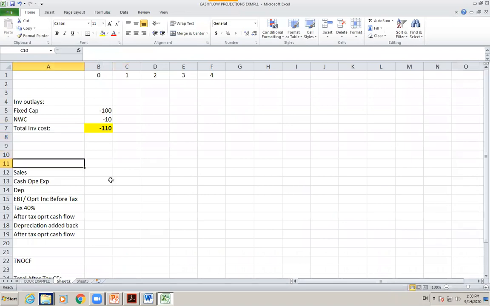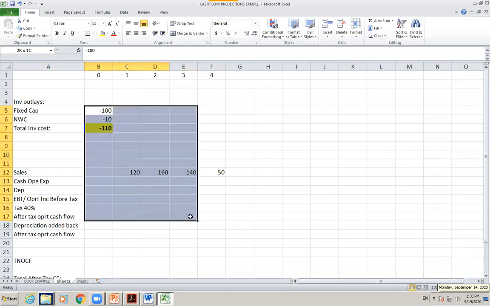It says that sales in the first year will be 120, in the second year 160, in the third year 140, and in the last year 50. So this is the sales: in the first year 120 million, second year 160 million, third year 140, fourth year 50.